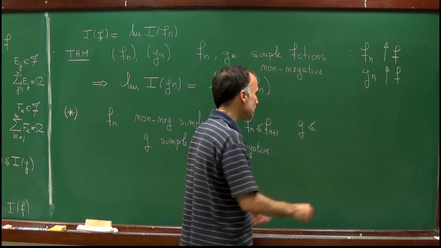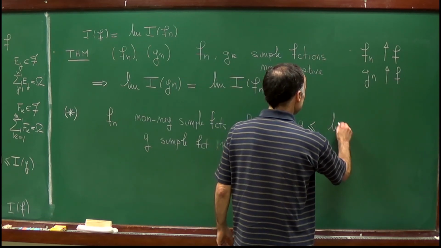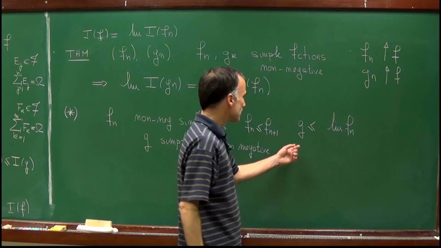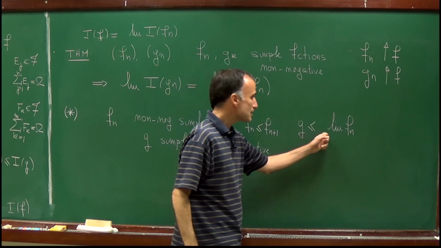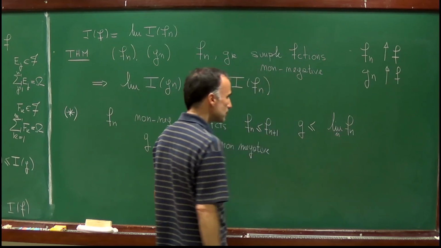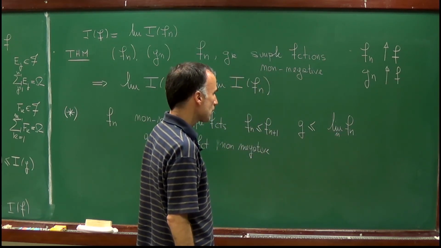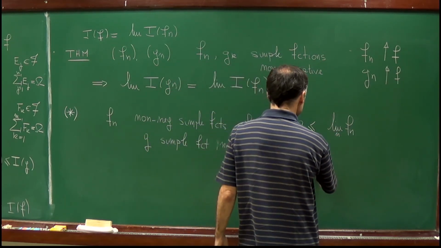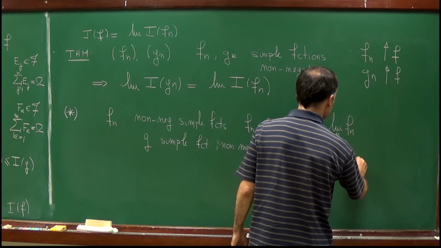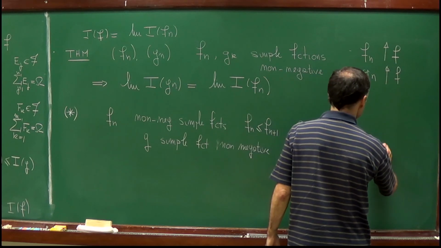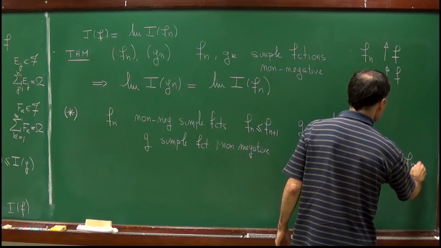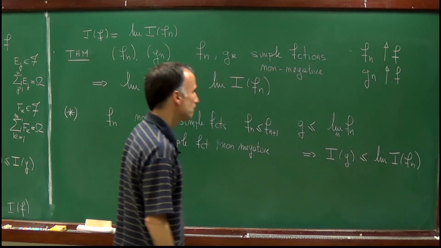So now I assume that g is smaller than the limit of fn. So this is also pointwise. I assume that g of x is less than or equal to the limit in n of fn of x for all x. Then we claim that I of g is less than or equal to the limit of I of fn.